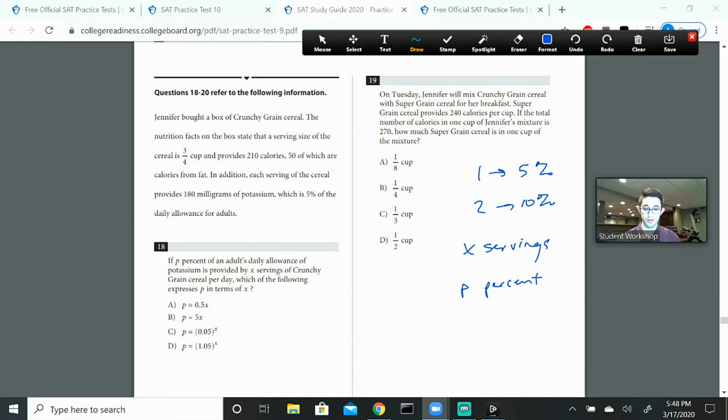And so it is a linear equation, so it doesn't make any sense for it to be D or C. In this one, because we're dealing in P%, it's not actually going to end up being 0.05, it's going to end up being just 5x. This one's a little confusing, but again, we have to remember that P% is being represented by dividing it by 100. And so in this case, it is just the true percentage that after one serving, 5 will be equal to P, and that is the actual percent value.